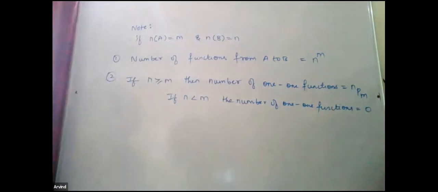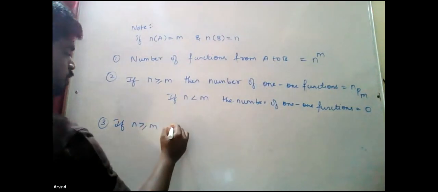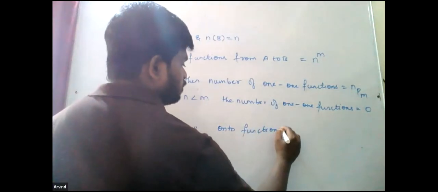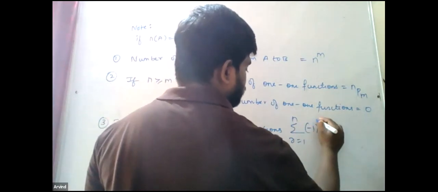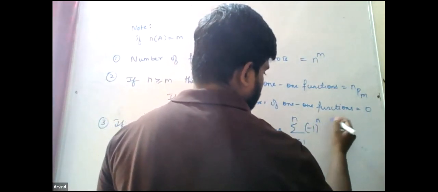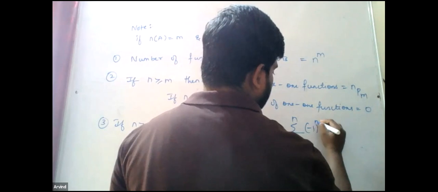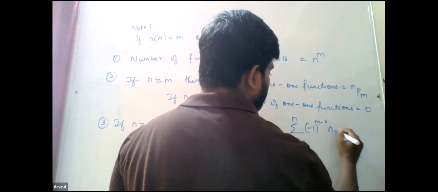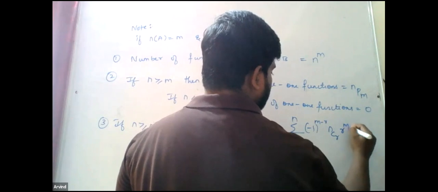All these are formulas. Okay. Next one is the same thing. If n is greater than or equal to m, then the number of onto functions is the summation, r equal to 1 to n, of minus 1 to the power n minus r, nCr, r to the power m.